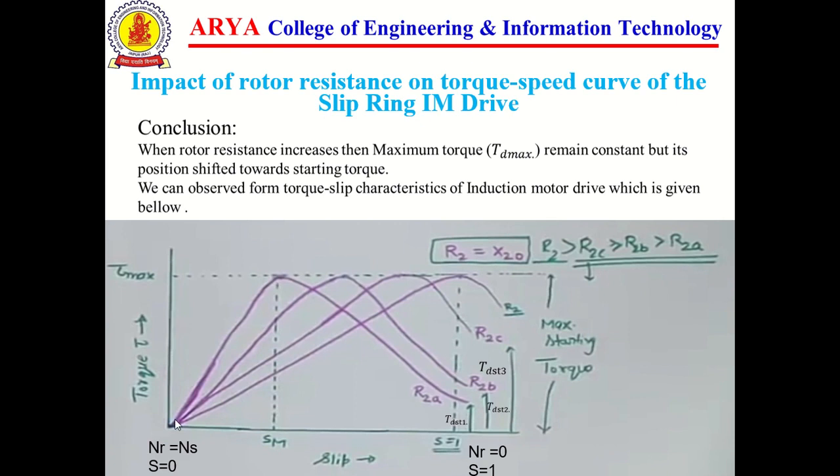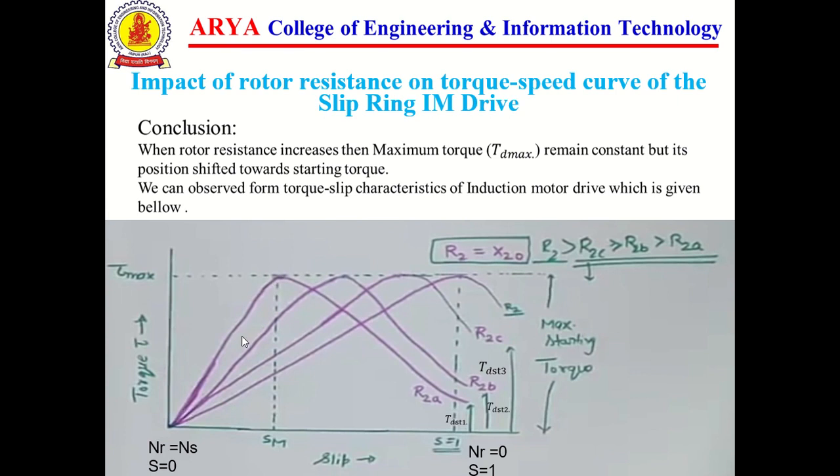From this torque speed characteristic, the torque slip characteristic, from the beginning here, rotor speed NR equals synchronous speed. Why? Because we take slip equal to 0. At slip equal to 0, rotor speed equals synchronous speed. The relation of torque with respect to slip is a directly linear relation.